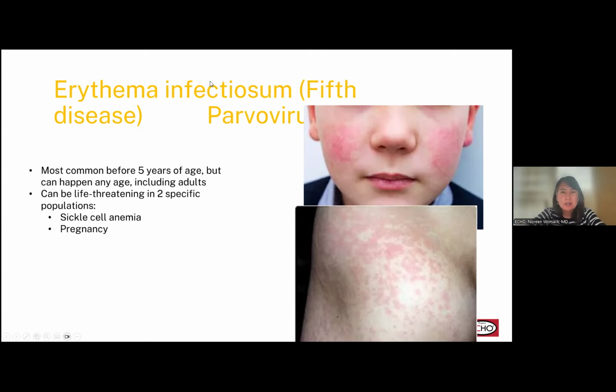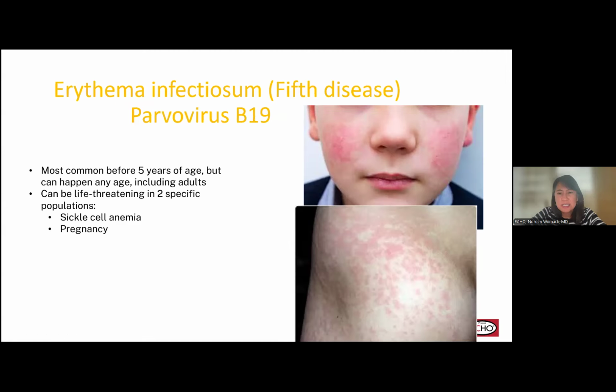I believe rubella was first disease, rubeola was second disease, there was a third, and I think scarlatina or scarlet fever was fourth disease, and this was fifth disease. Nobody calls the other things by those names, but for whatever reason, fifth disease has persisted as the name of this particular infection. It's caused by parvovirus B19.